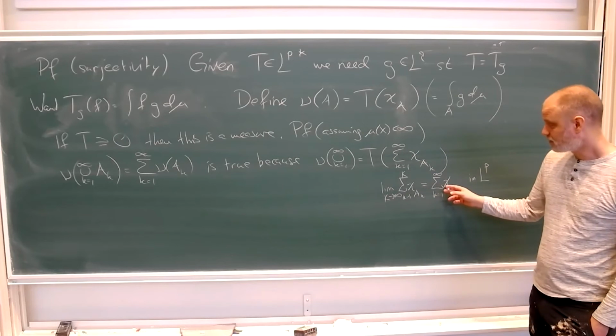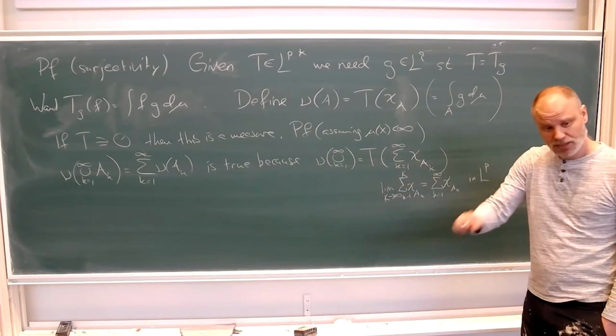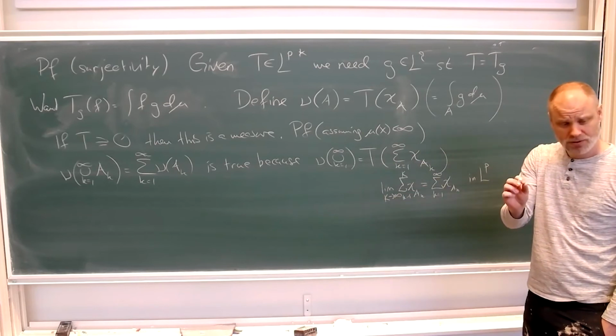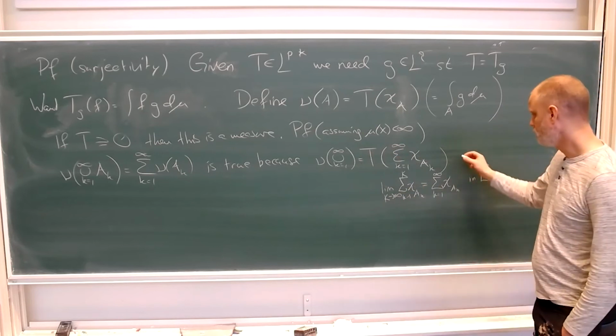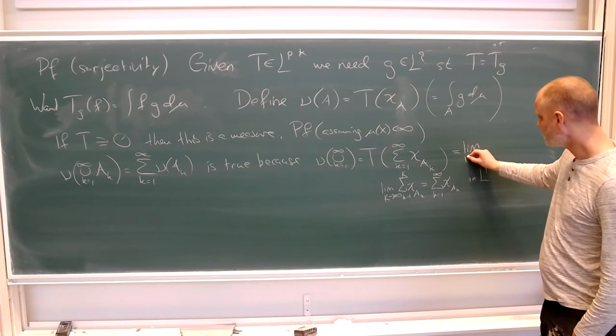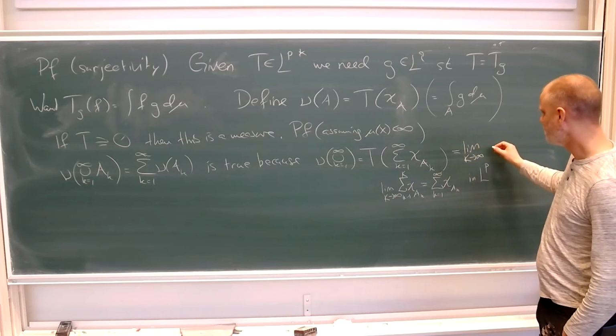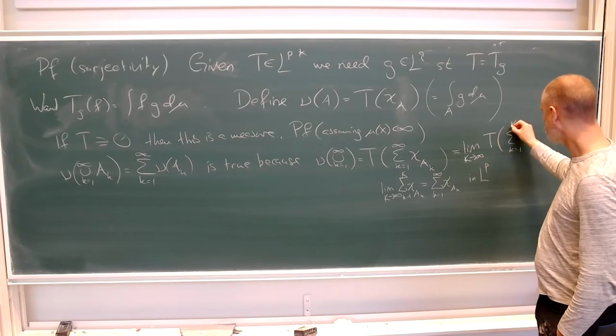So we have this as a limit in LP, and now we know that T is continuous. What do we know about continuous functions? Well, we can move limits outside. So then, armed with this, I can write the limit as k goes to infinity of T, and here I have a finite sum inside.